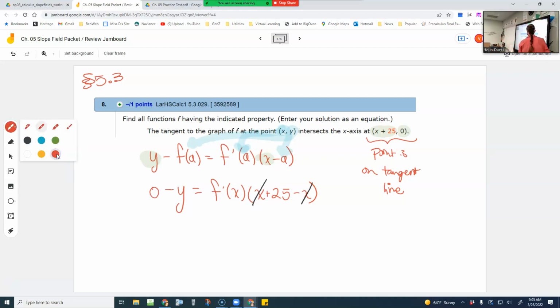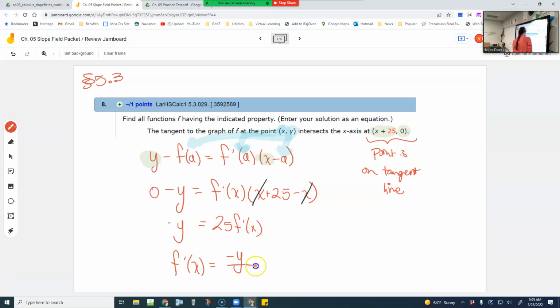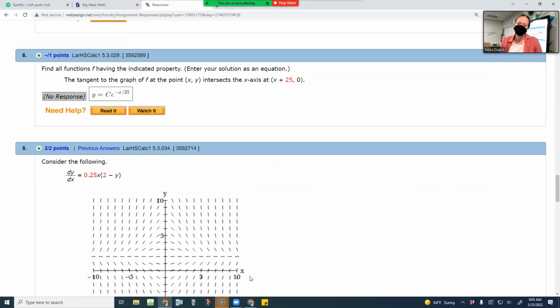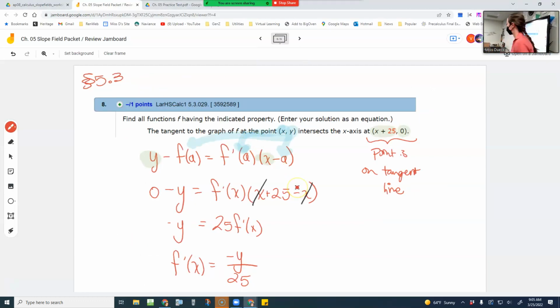And then I could go ahead and say that 25 f prime of x is equal to negative y. So f prime of x is equal to negative y over 25. I think they're having us get a differential equation that we could solve. Yeah, looks to be about like that.